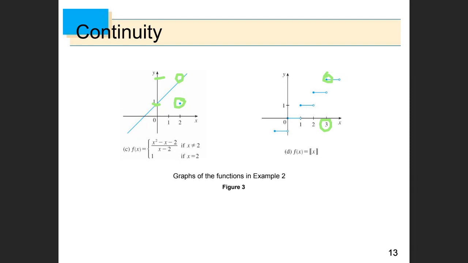If you take the limit from the right, you're going to get some number up there. And then from the left, when you approach 3, you're somewhere down here. The limit from the left and the right will always be different. That's why we conclude that it would always be a discontinuous function for all integer values of x.